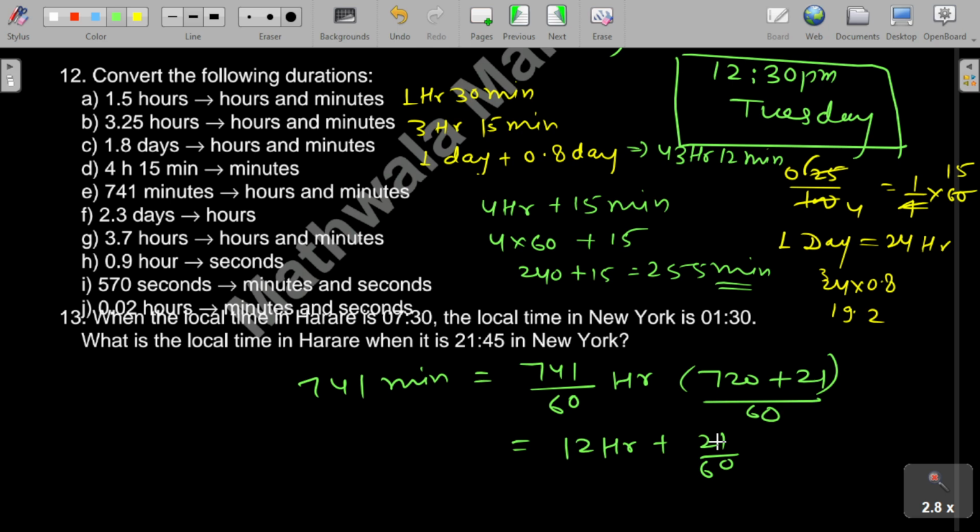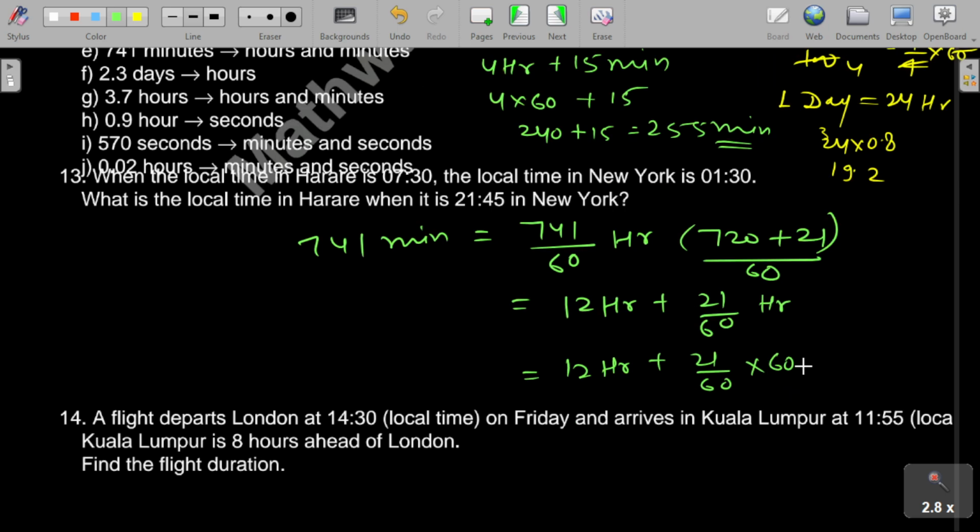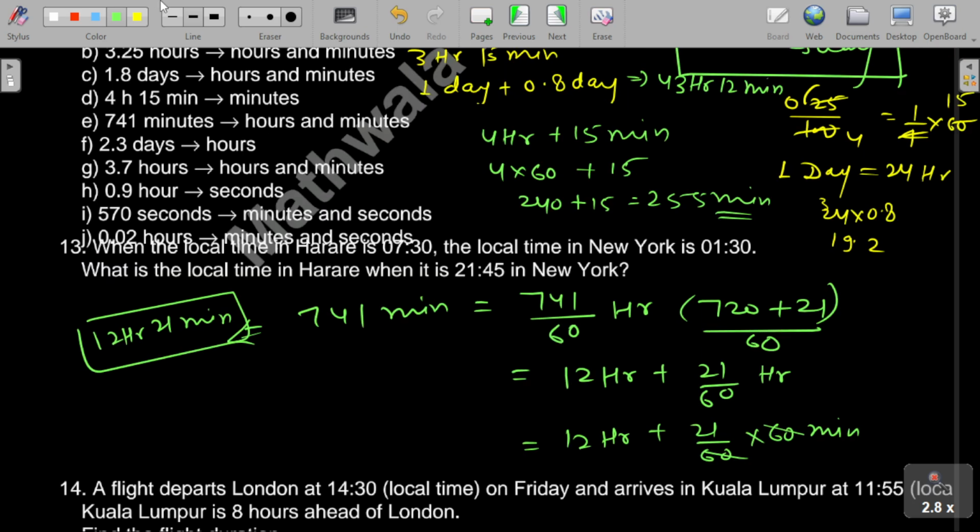Now changing 21 upon 60 hour into minutes, this is 21 minutes. So the answer is 741 minutes is 12 hours 21 minutes. Okay, so this one is 12 hours 21 minutes and this one you will do by yourself.